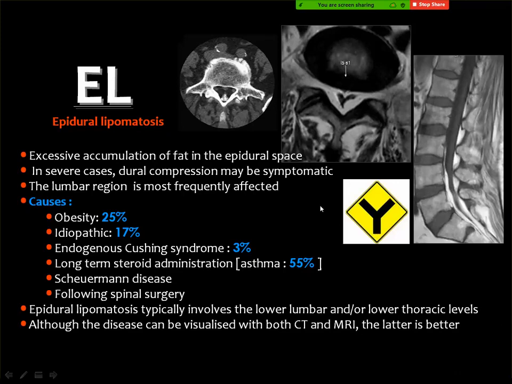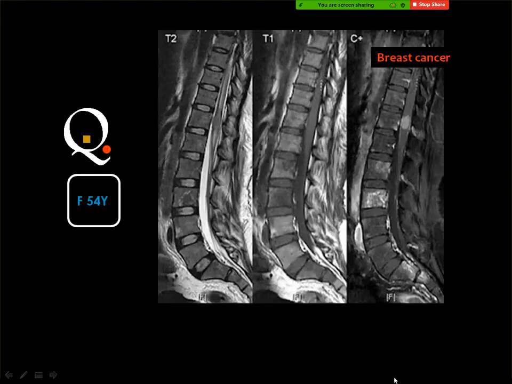What are the causes of epidural lipomatosis? Most commonly it is due to obesity. Sometimes it is idiopathic, in patients with Cushing syndrome, and the long-term use of steroids, like in asthmatic patients, Scheuermann disease, or following spinal surgery.